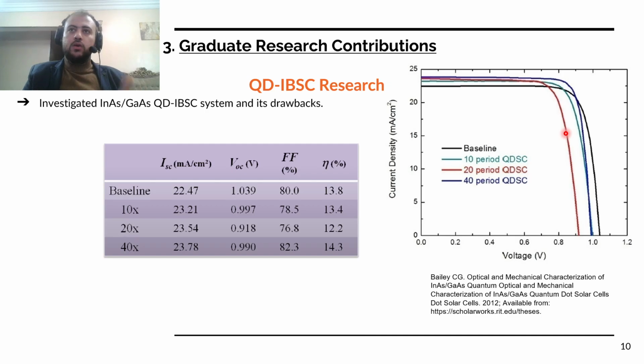The second reason for this drop is the type 1 band alignment that indium arsenide quantum dots in a gallium arsenide matrix possess. Type 1 band alignment causes such high recombination rates, and also causes this efficiency drop.